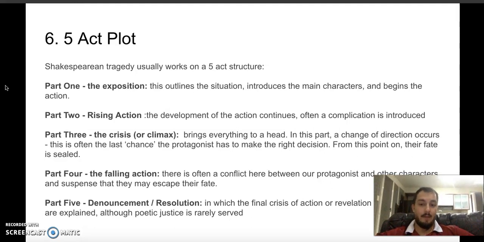In part 5, we have the denouement or resolution, where the final action or revelation and resolution are explained. Although it's worth saying that resolution doesn't necessarily mean that poetic justice is served. In Shakespeare's tragedies, poetic justice, the idea of people getting their just rewards, doesn't always happen.